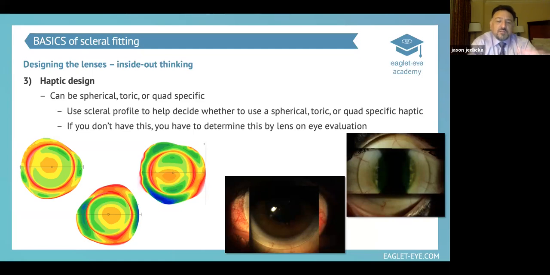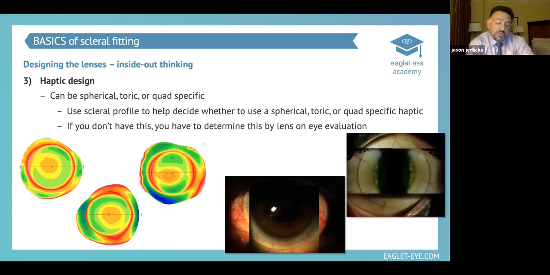We will get compression, like we see in the two pictures, the one on the left, where we see compression and harsh blanching in the horizontal meridian that's causing injection of that scleral conjunctival tissue. This is clearly a situation where we need to move to a toric or more toric haptic than we already have.